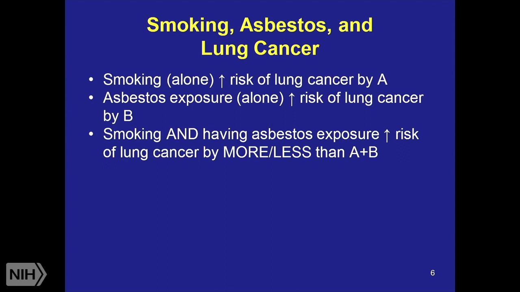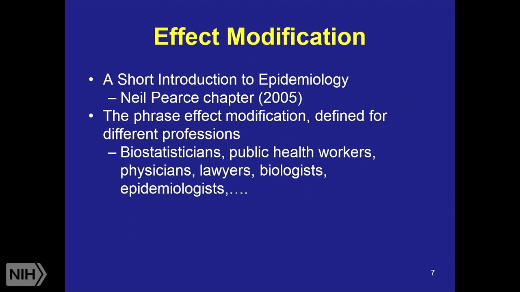Or is it some amount that's higher, so because you have that asbestos exposure, maybe it makes the smoking that you're more likely to get lung cancer? Or in fact, maybe having asbestos exposure is protective, so those smokers are in fact less likely to get lung cancer. This is the idea behind effect modification.